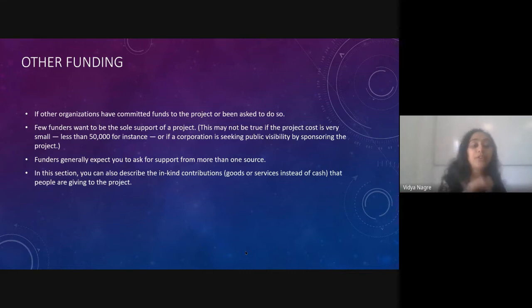Or else a few funders want to be the sole support of the project. Most of you might be aware of that online program Shark Tank, right? There also very brilliant Indian minds come with their new ideas, innovations, and projects.